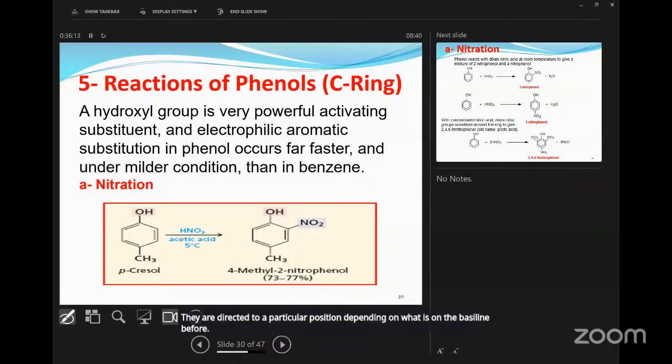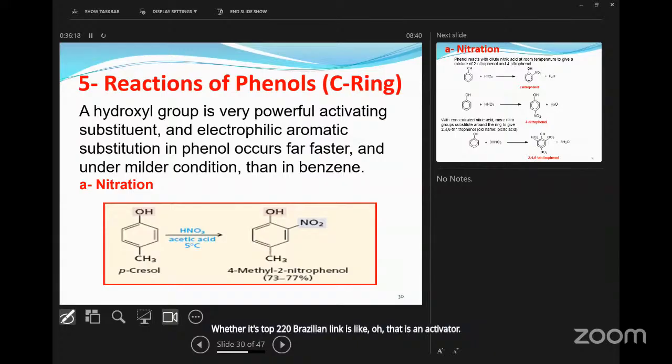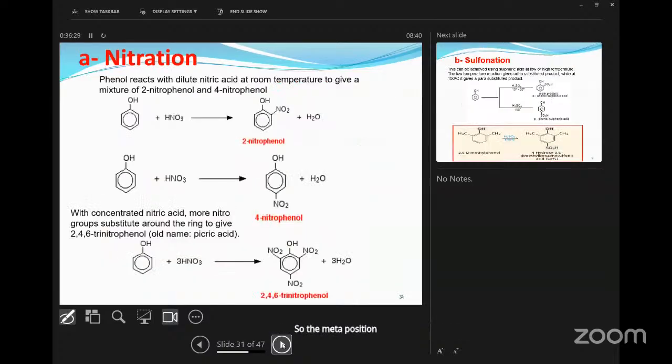Whether the substituent on the benzene ring is like OH, that is an activator, or NO2 or any other deactivator, then that will push it to the meta position. So nitration of phenol occurs just like we have for benzene.